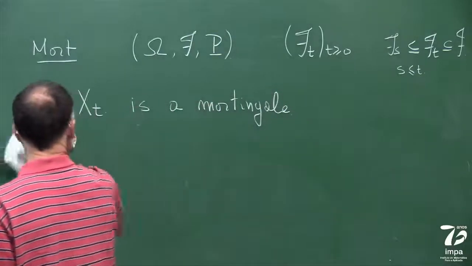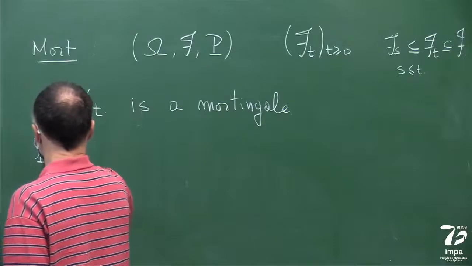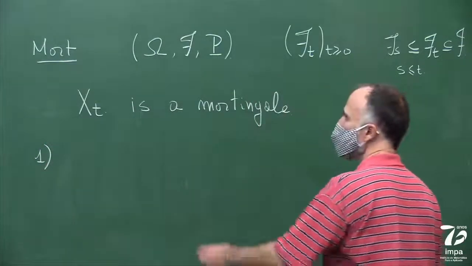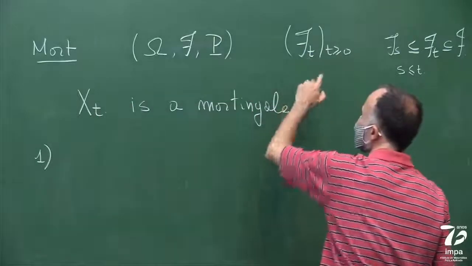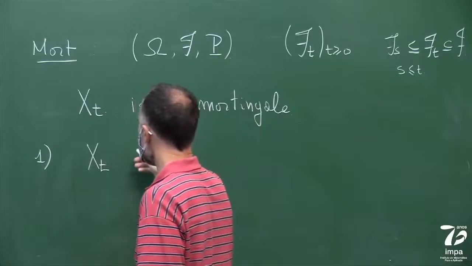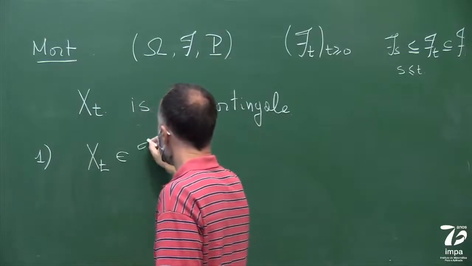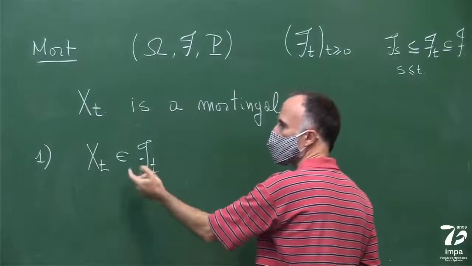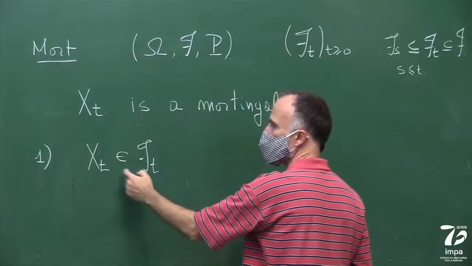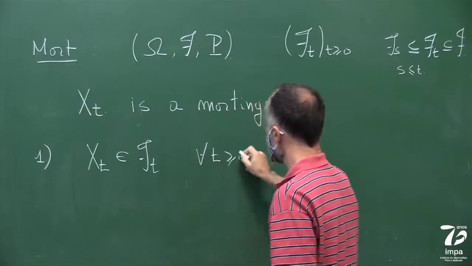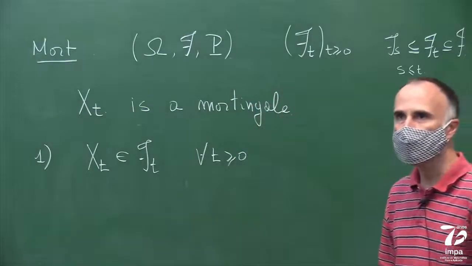So the first assumption is that this family is adapted to the filtration F_t. So this means that X_t is F_t measurable. And remember, I'm representing that by this symbol, saying that X_t belongs to F_t, to say that X_t is F_t measurable for all t. So this is my first requirement.